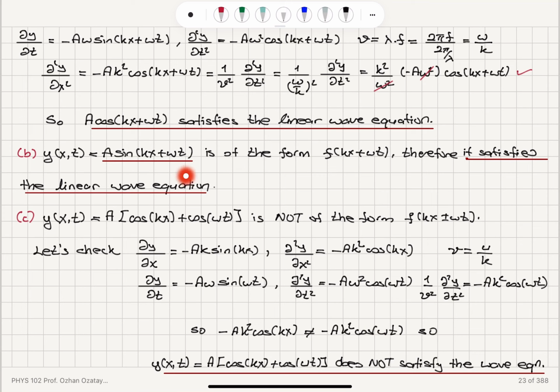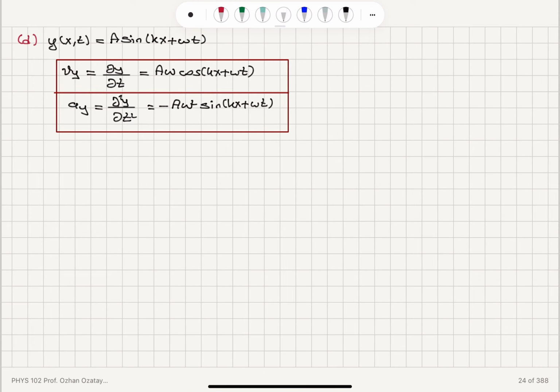And if we take the wave function in part B, the transverse velocity is the partial derivative with respect to time, a omega cosine kx plus omega t at point x, which has a maximum speed a omega, just like the simple harmonic motion. And the transverse acceleration is the second derivative with respect to time, which is minus a omega square sine kx plus omega t, which has a maximum transverse acceleration a omega square that matches the simple harmonic motion.